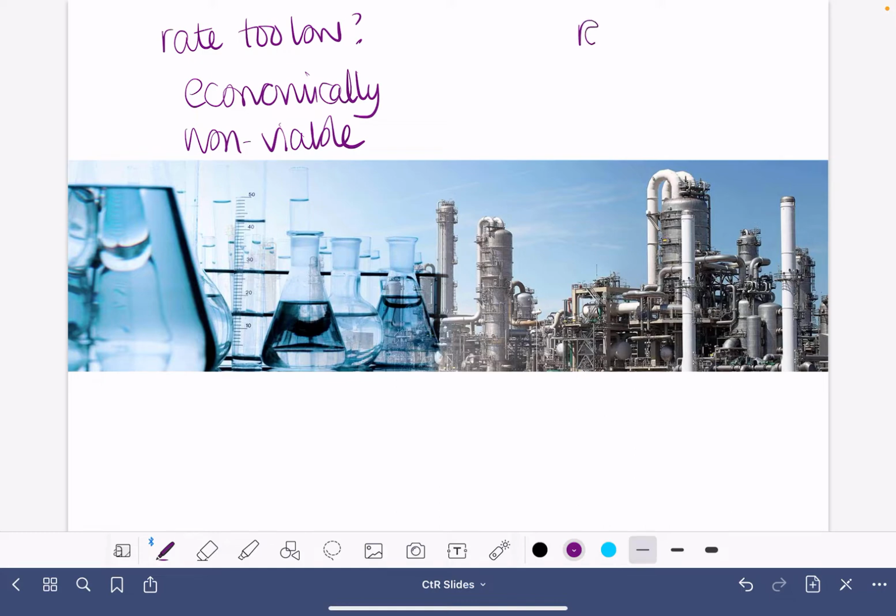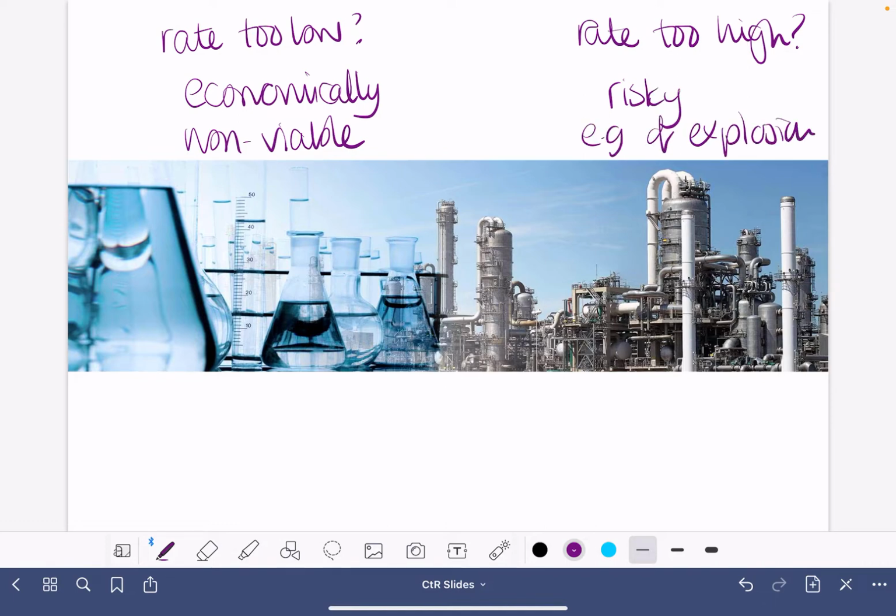However, if the rate is too high, then this incurs more risk. For example, risk of explosion if you're working in a factory or something, okay? So these are the sorts of considerations that chemists need to make when they are manufacturing a product.